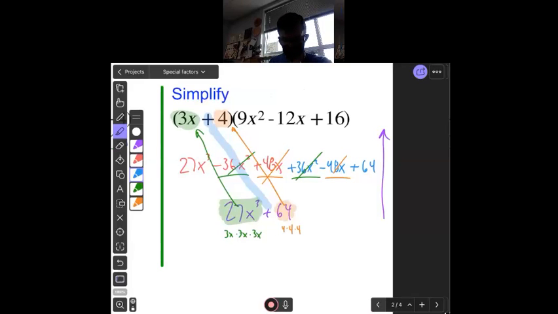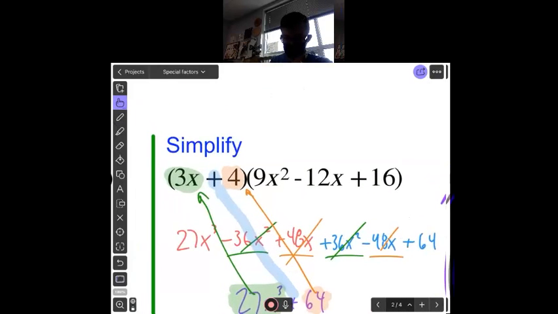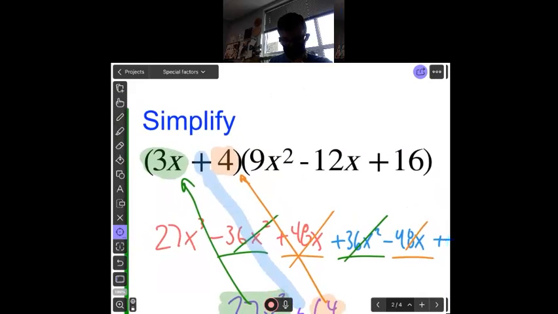Now the pattern there stops. The relationship between this and this stops. Where I look now is the relationship between the rest of what's going on here. So 3x, well, what's 3x times 3x? 9x squared. Okay. What's 4 times 4? 16. Where did 12x come from? Oh, that's just 3x times 4.